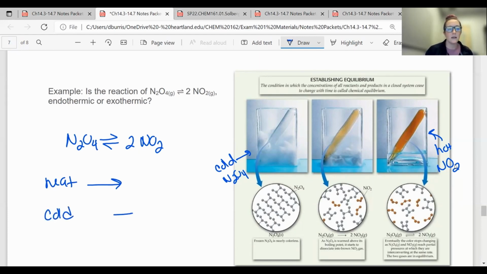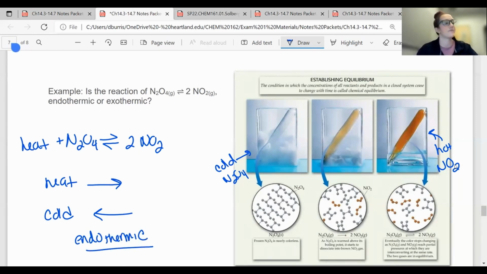When I cool it down, it all shifted to the N2O4 side. So that must mean that heat was a reactant because when I added heat, it shifted to the right. And when I removed heat, it shifted to the left. So that must mean that this is an endothermic reaction. Okay, again, something you're going to be doing when you get to your lab.